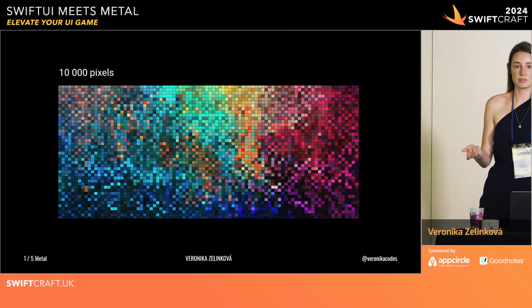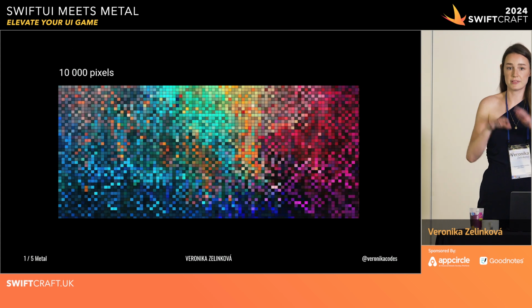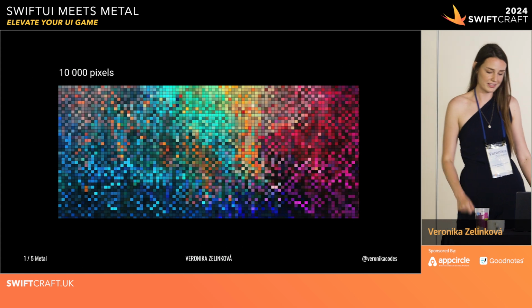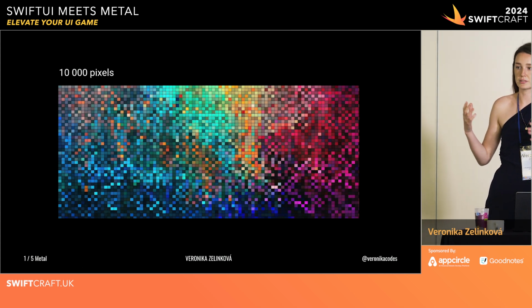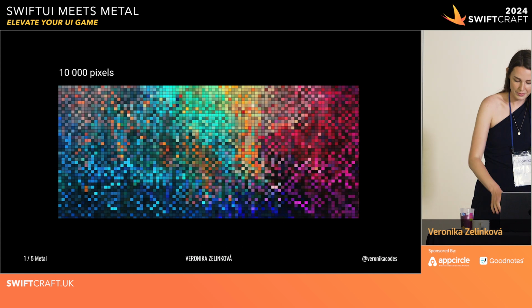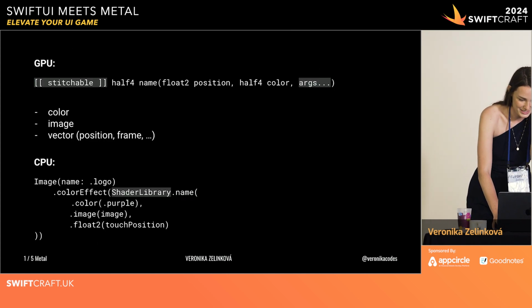But to color the pixels on the GPU, we can write one function, which will be called at the same time for each of these pixels. So it's a little bit different from how we think about programming on the CPU. On the GPU, it's a bit of a mind shift, but let's get into it.